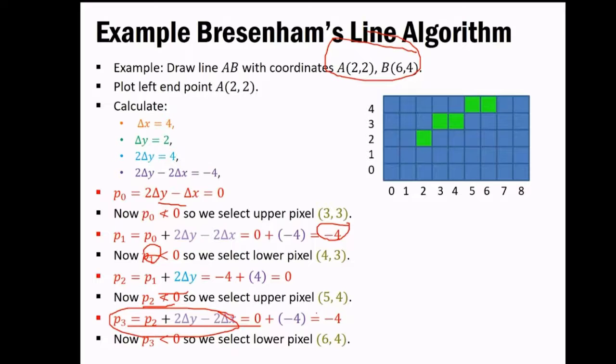Whatever we do, the base algorithm will always remain the same. What we have to do is check the slope value, and based on the slope value we check how to proceed. This is a very simple case that we have seen in the example. That is how you can solve a numerical using the Bresenham algorithm.